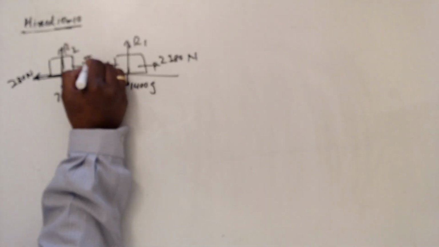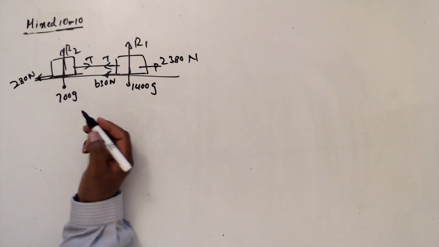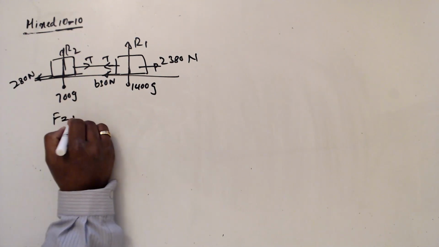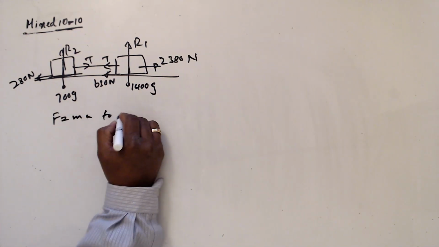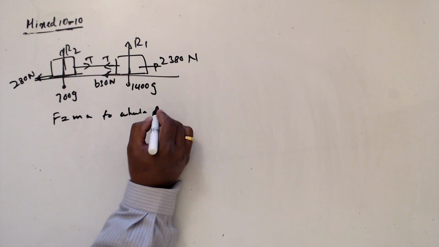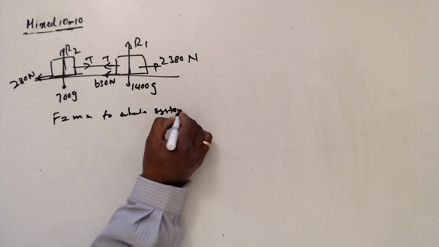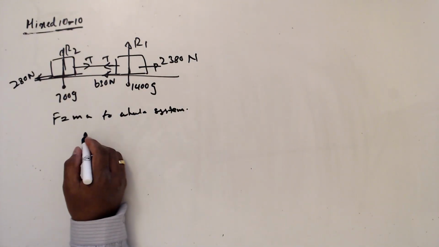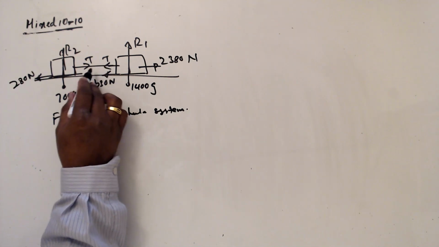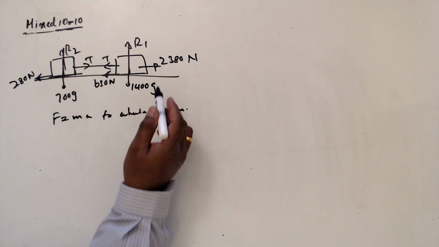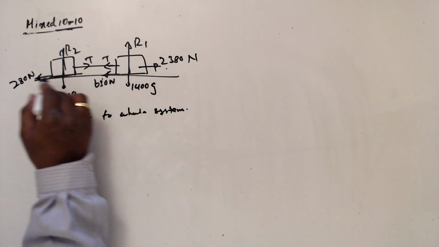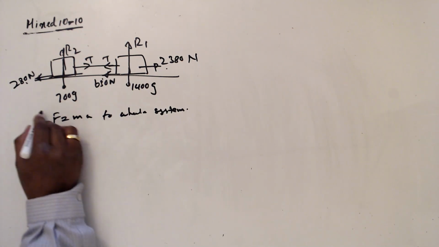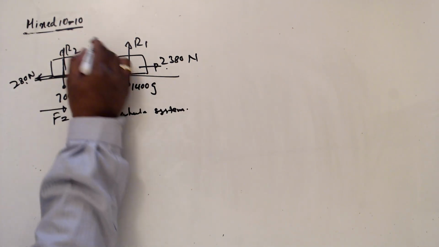So this is the tension, and as the standard, F equals ma for the whole system. When we consider the whole system, the internal force we disregard. We have 3 external forces, and it is moving in this direction.